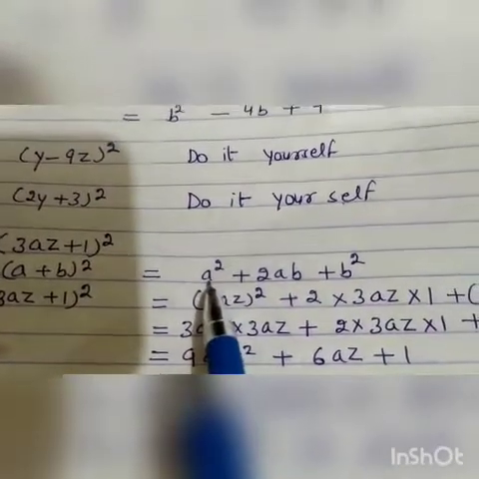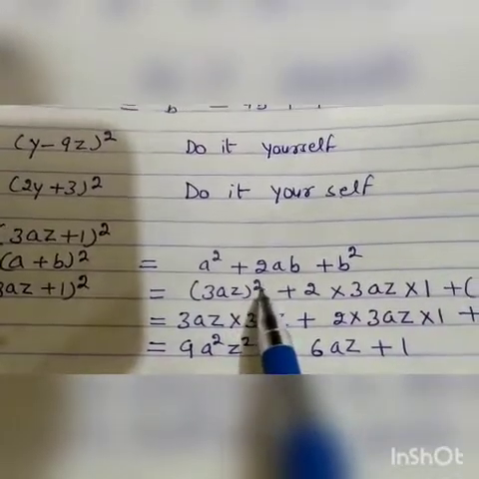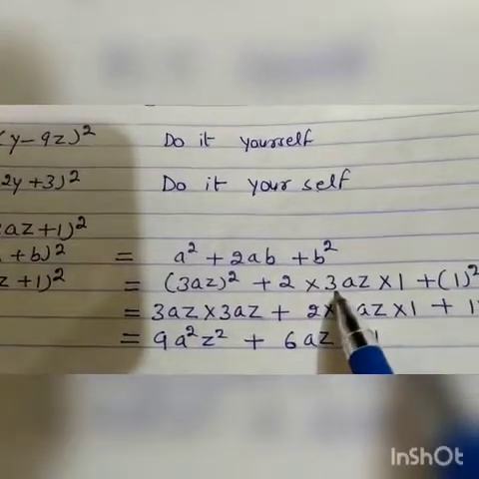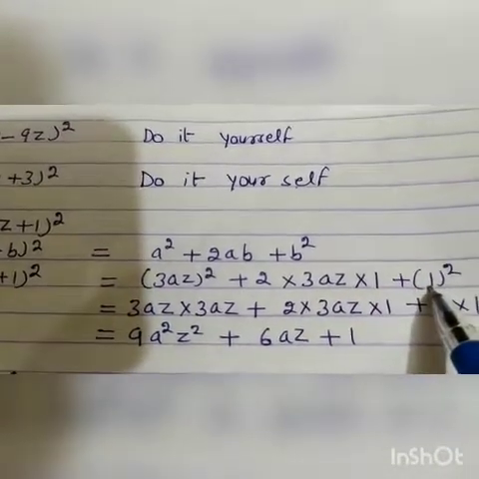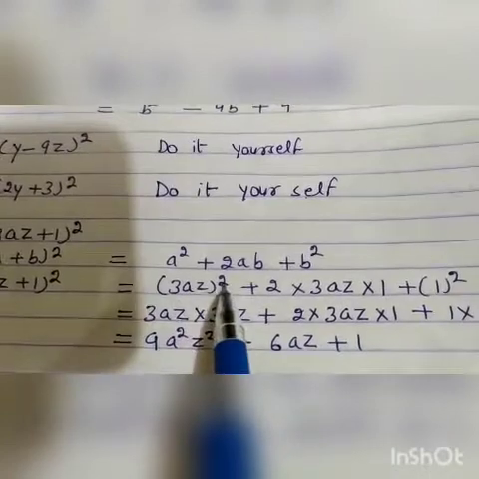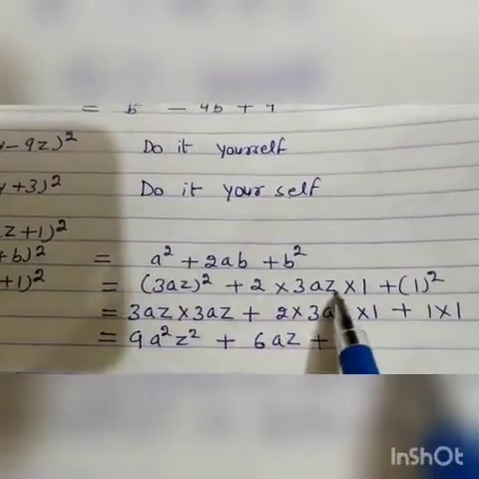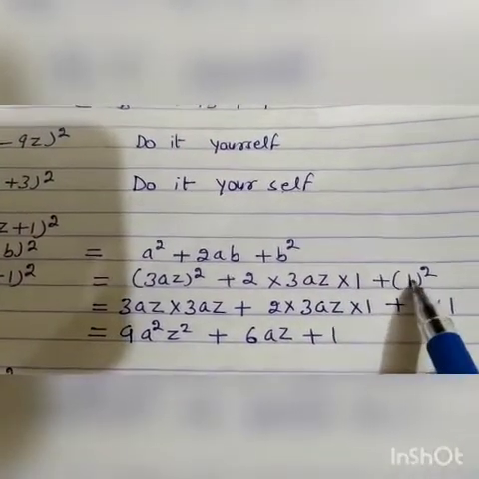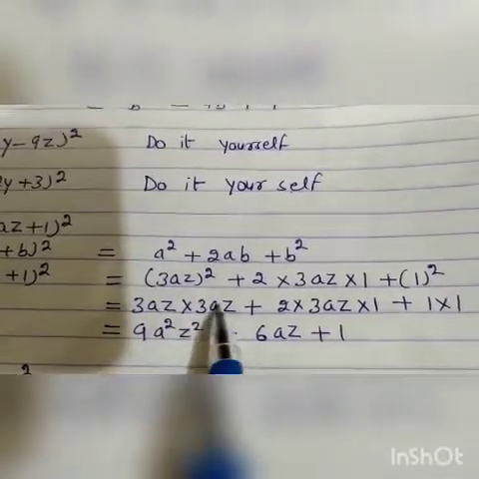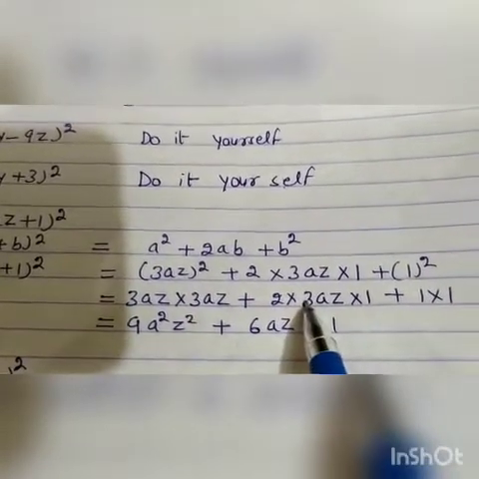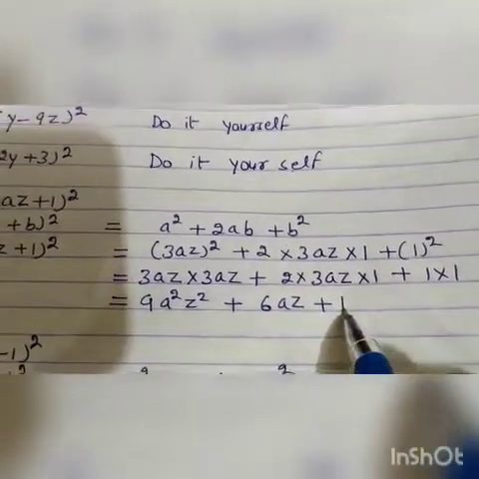So in place of first term we will write (3az) whole square plus 2 multiply 3az multiply 1 plus 1 whole square. (3az) whole square means 3az multiply 3az, plus 2 multiply 3az multiply 1, plus 1 multiply 1. It will be 9a square z square plus 6az plus 1.